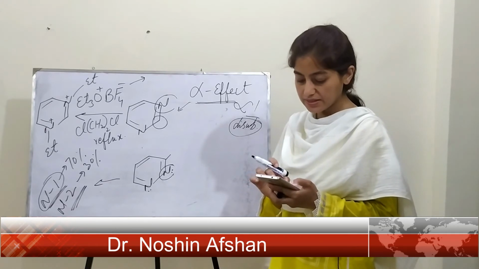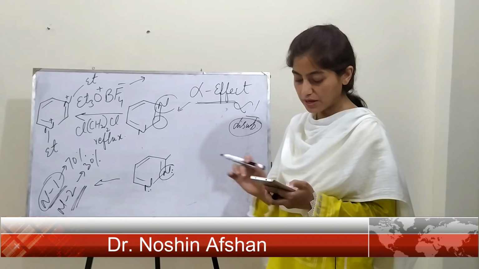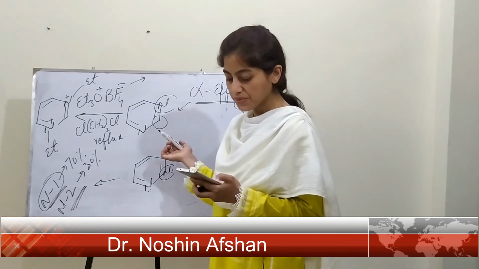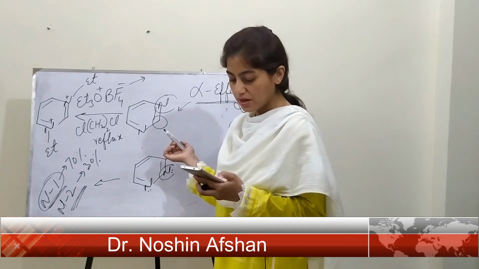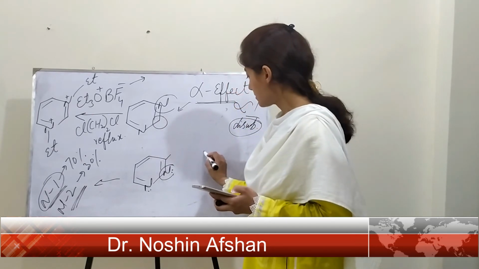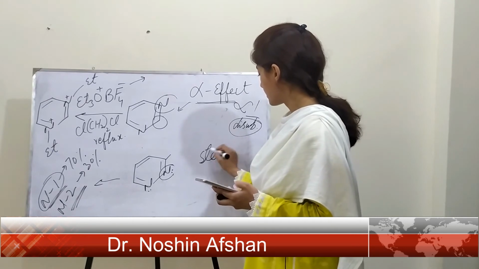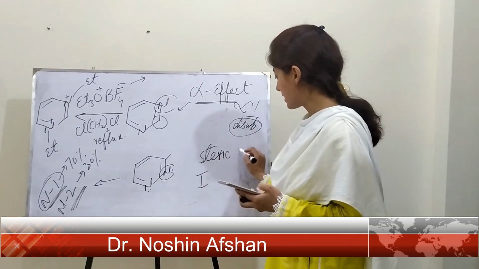And the other case is unsymmetrically substituted diazenes can give rise to two isomeric quaternary salts. The substituents influence the orientation mainly by steric and inductive effect.